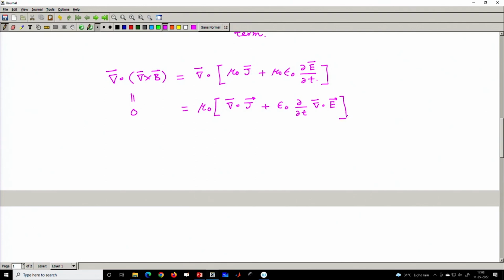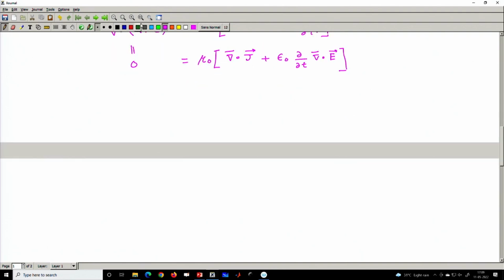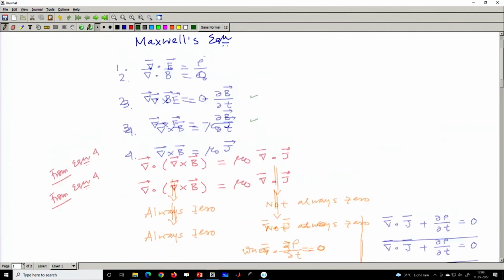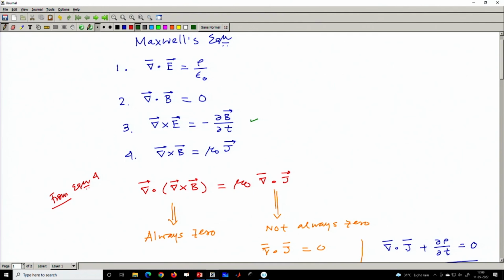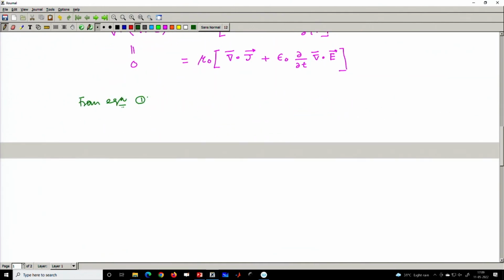Now what is the divergence of E from equation 1? Which we already wrote, the very first equation, the divergence of E is rho by epsilon 0. So the divergence of E is rho divided by epsilon 0. This rho has to be a function of space as well as time.